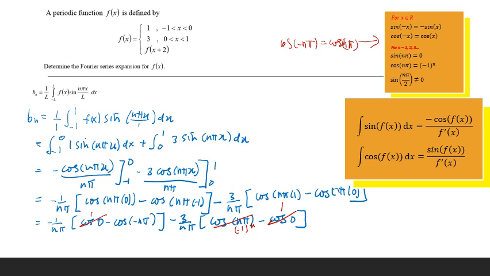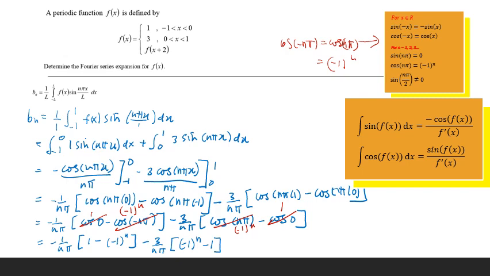So cos n pi is equal to -1 power n, and we also get -1 power n for this one. If we continue, we will get -1 over n pi, 1 minus -1 power n, minus 3 over n pi, then we will get -1 power n minus 1.